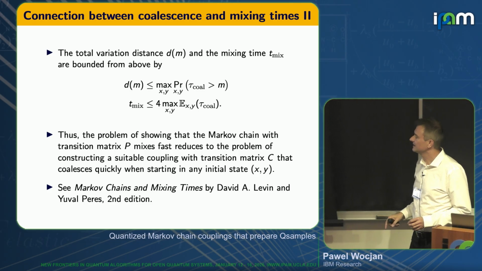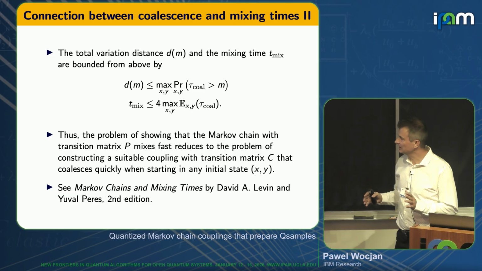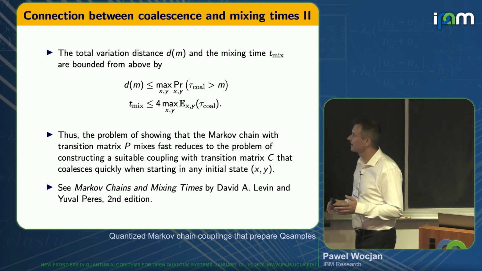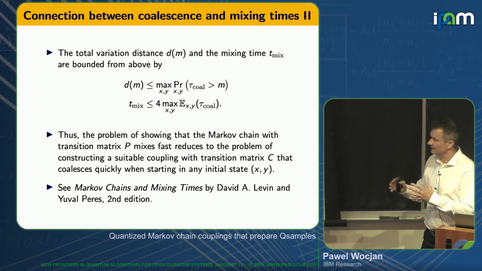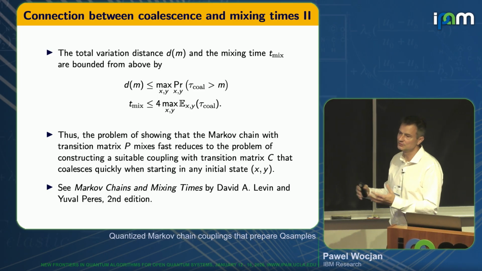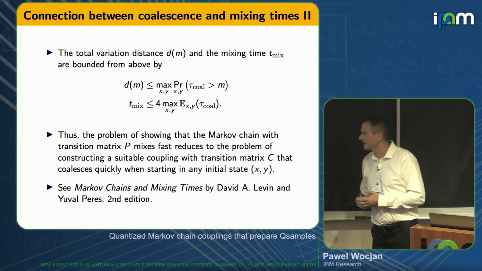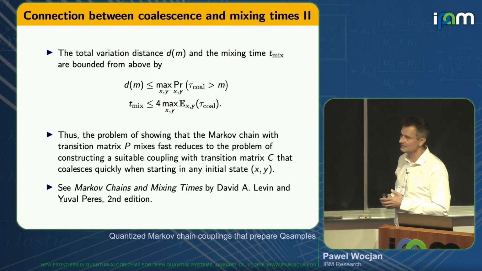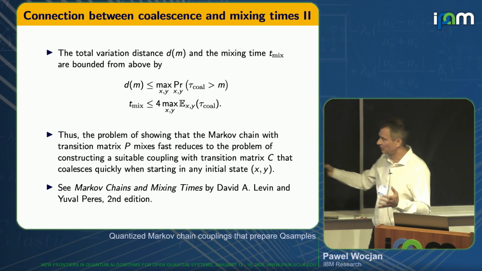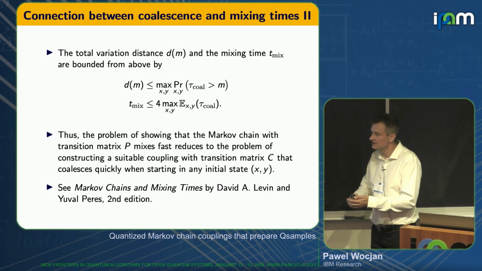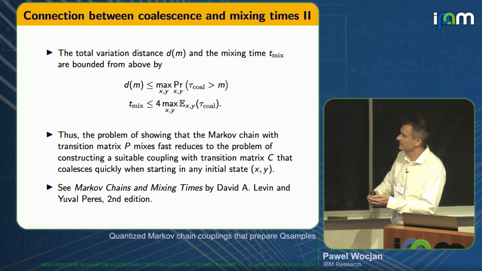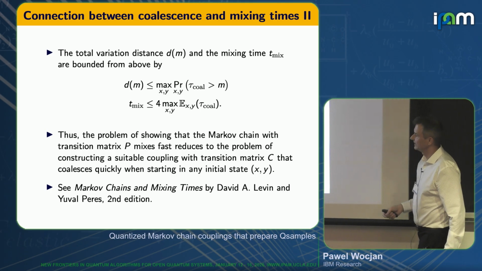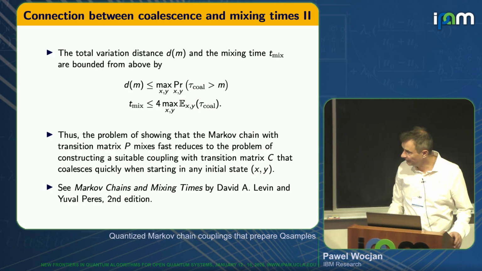The important thing is that the coupling has to satisfy some constraints, it's not just an arbitrary transition matrix, but you still have a lot of freedom in how you design it. So the art is designing a suitable coupling and showing that it brings Alice and Bob quickly together. And if you manage to show this, then this implies by these bounds that the Markov chain mixes fast.